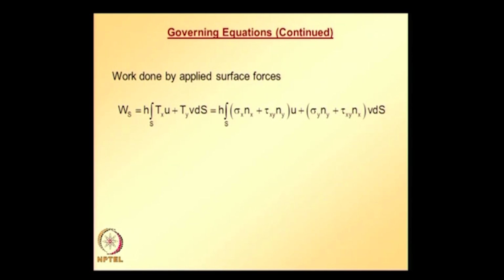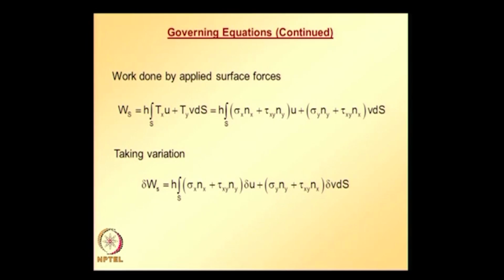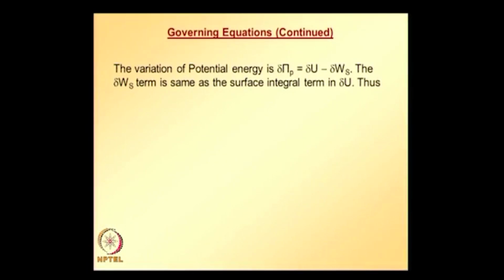Again, applying the variational operator, because we are interested in knowing the variation of W, the work done by the applied forces, this is what the variation of W is. Now we have the variation of U and the variation of W; substituting those two, the variation of potential energy can be obtained.